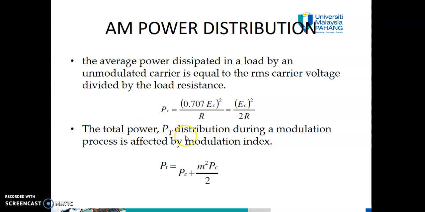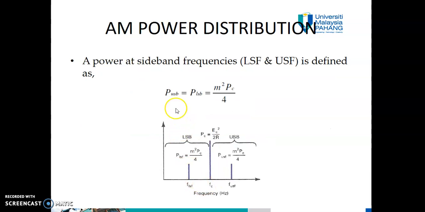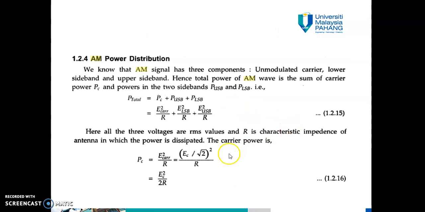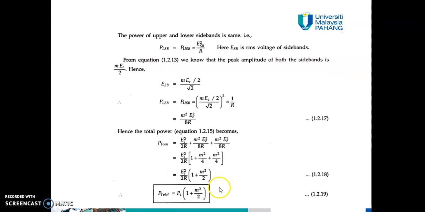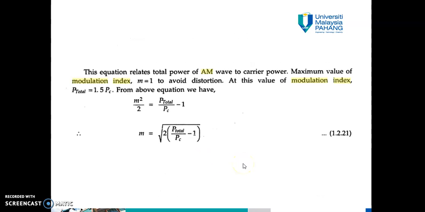The total power PT, sometimes we call it power total, equals PC plus M squared PC over 2, where M is the modulation index. P upper sideband equals P lower sideband equals M squared PC over 4. So the total power is PC plus P upper sideband plus P lower sideband. Remember this, because in the frequency domain we have power carrier, power upper sideband, and power lower sideband. So this is the formula. Don't worry, when I give you an example, you will understand.